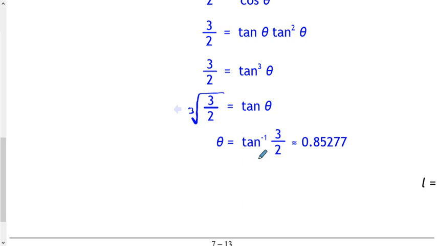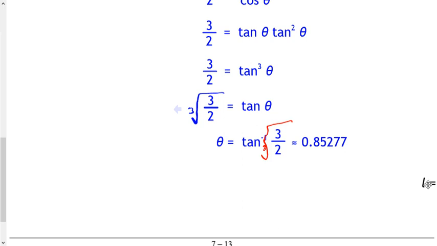The cube root of 3 over 2. Now, am I in degrees or radians? I'm in radians, and to be on the safe side, it's good to just always work in radians, especially for application questions, although for this question, it wouldn't actually matter. We could do it in degrees.